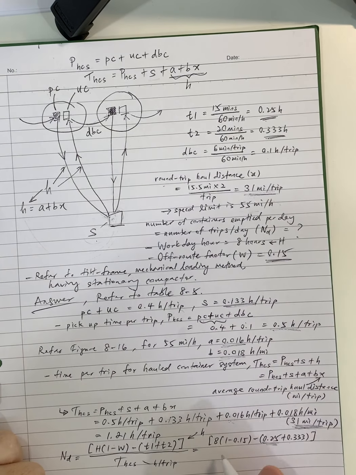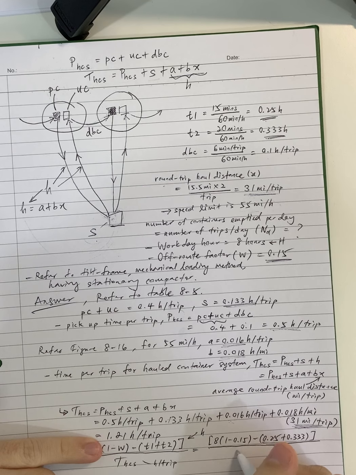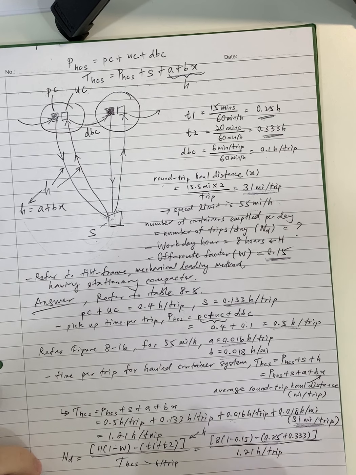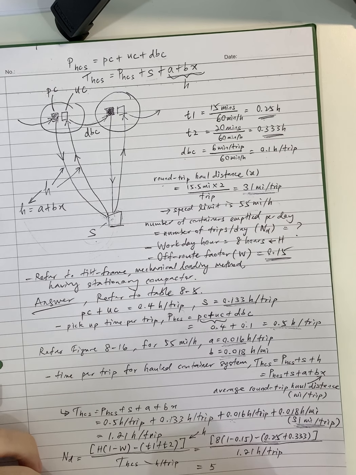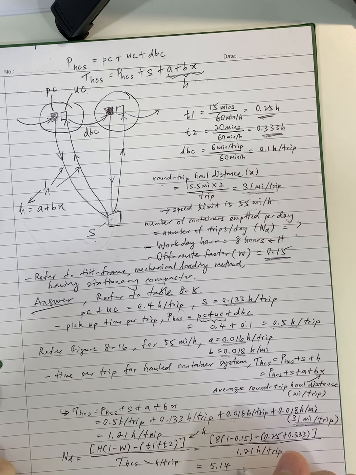Then divided by THCS, which is 1.21 hour per trip. The answer is 5.14 trips per day.